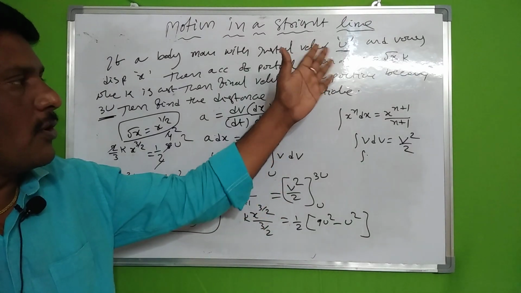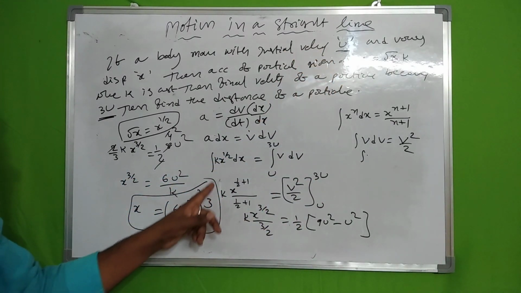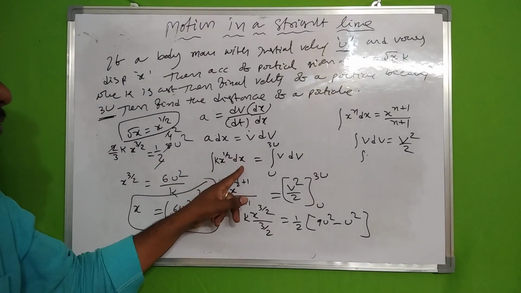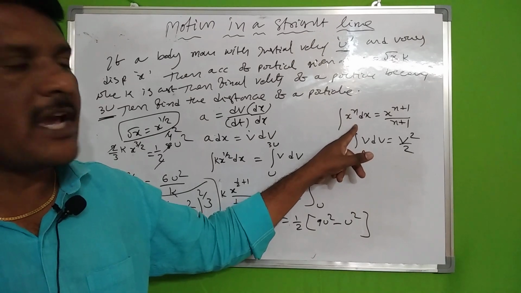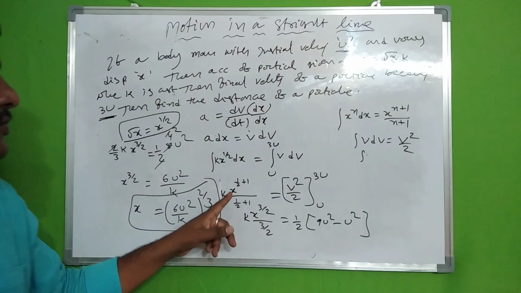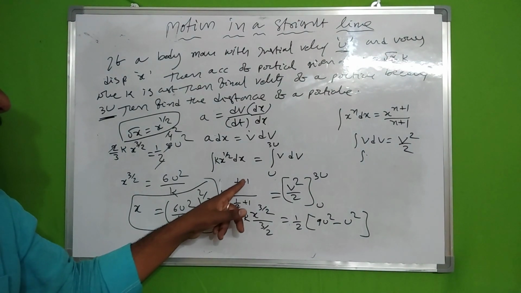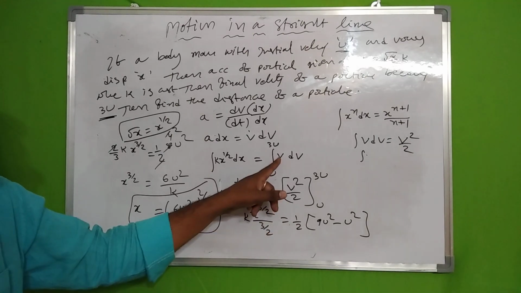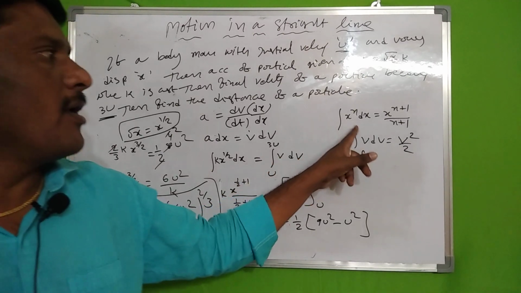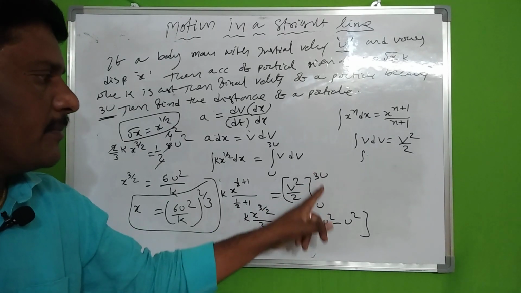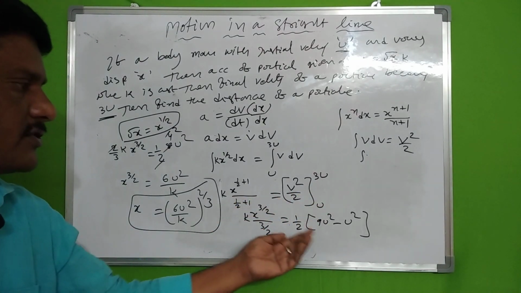Upper and lower limits are applied, and k is a constant, so we can write it outside. x power 1 by 2 dx is in the form x power n dx, so we write x power n plus 1 by n plus 1, giving x power 1 by 2 plus 1 over 1 by 2 plus 1, equal to the integration of v dv, which is v square by 2, upper limit minus lower limit.